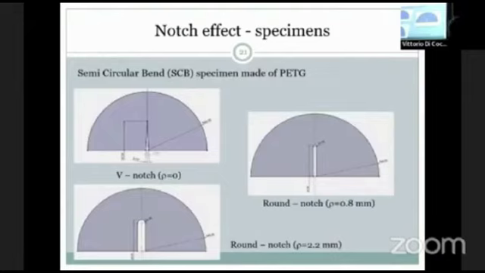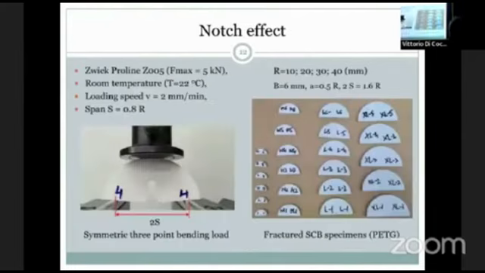Our specimens were of three types: V-notch, and two specimens with rounded notches of 0.8 millimeter and 2.2 millimeter notch radius. We used a symmetric 3-point bend test, and we did the experiment in order to also investigate the size effect on different size specimens.